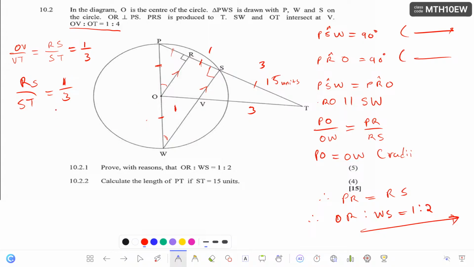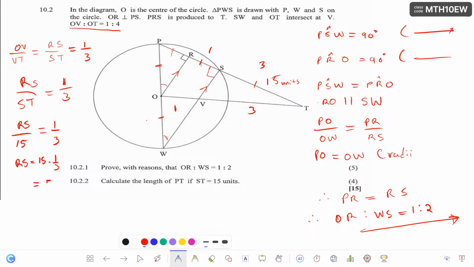But what do we know? We have the value of ST. ST we're given as 15. So we're going to say RS over 15 is equal to 1 over 3. So RS is equal to 15 times 1 over 3.